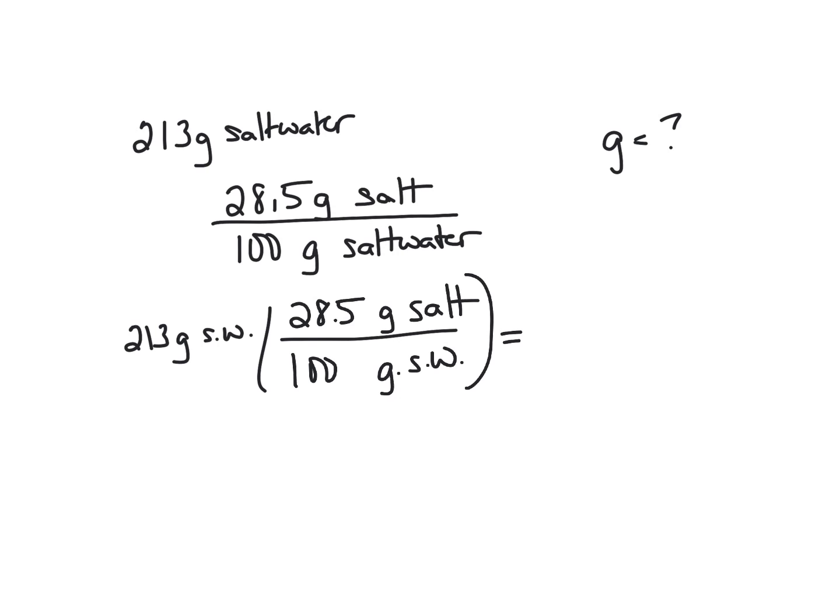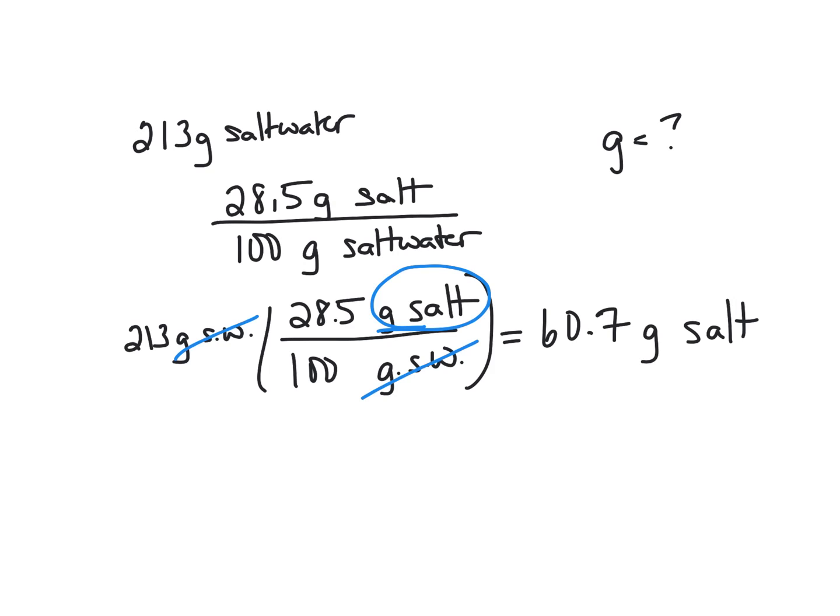Now I can take 213 times 28.5 divided by 100, and I get 60.7 grams of salt. Because notice the grams of salt water cancel with the grams of salt water. What I'm left with is the grams of salt.